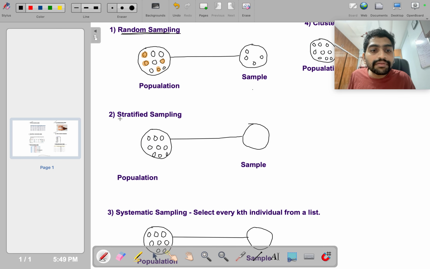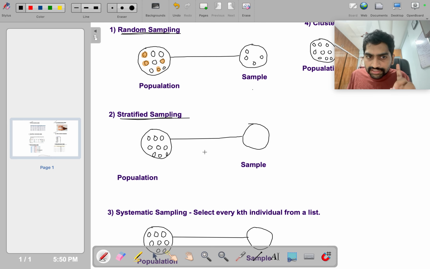The second technique is stratified sampling. Many people, like many Indians, implement this stratified sampling, and it has a lot of examples. What does stratified sampling do?